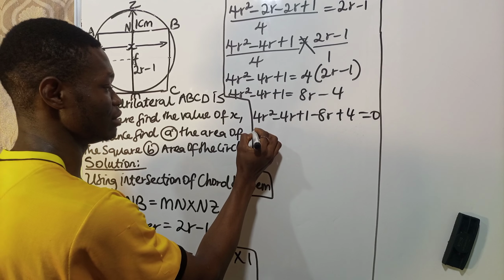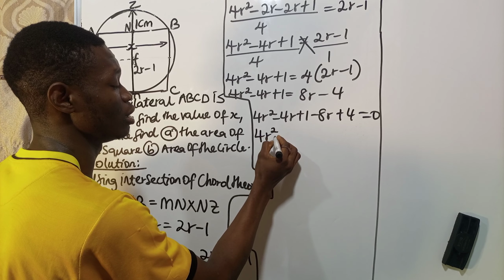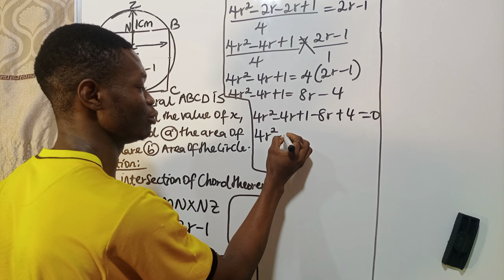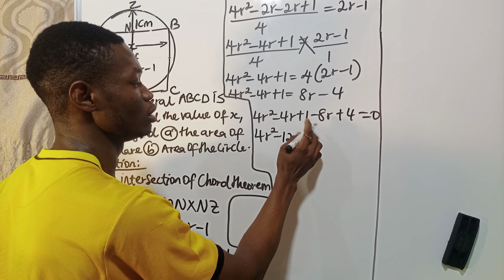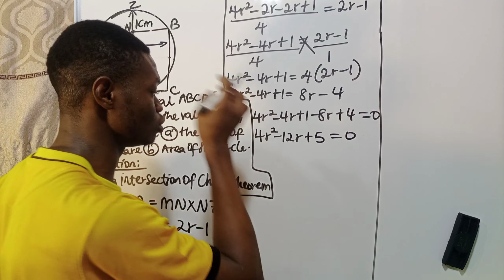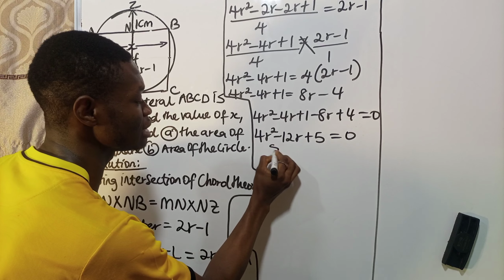So I can collect like terms here. 4r squared, minus 8r minus 4r will give me minus 12r. Then 1 plus 4 will give me plus 5, which equals 0. So I can just split the middle term.